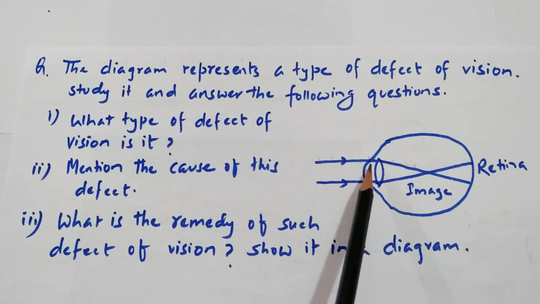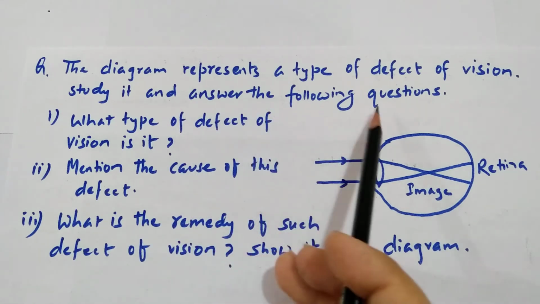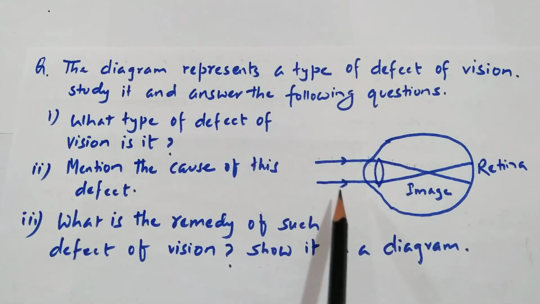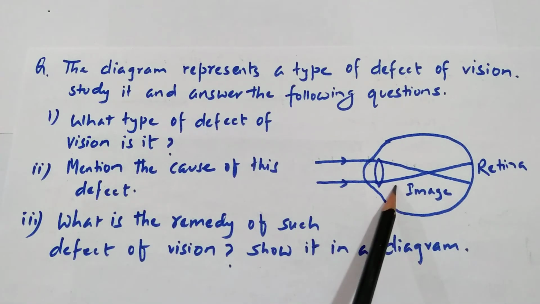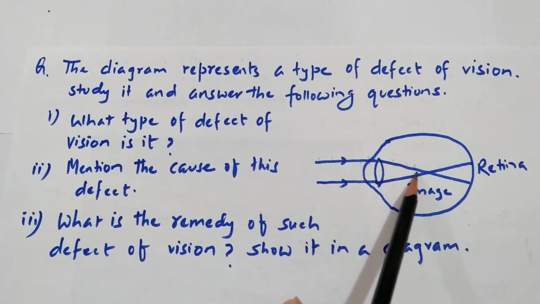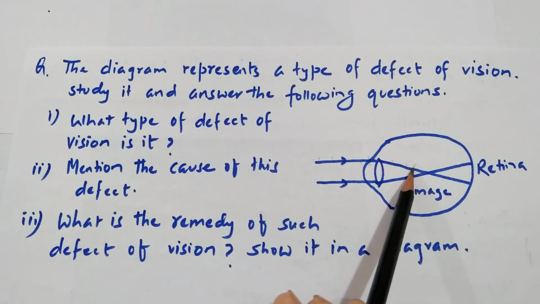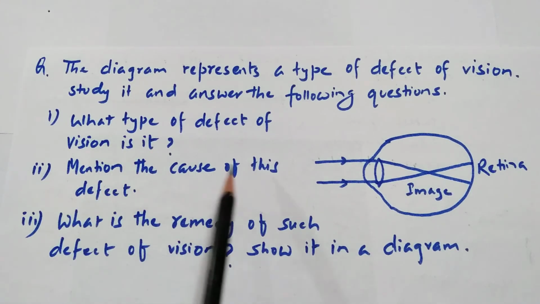See, here is the diagram. What type of defect of vision is it? This is short-sightedness, because the parallel rays of light after refraction meet in front of the retina.